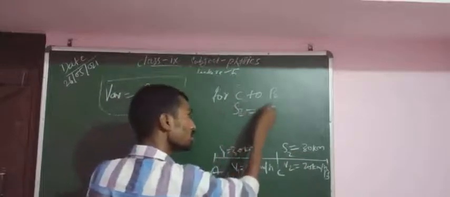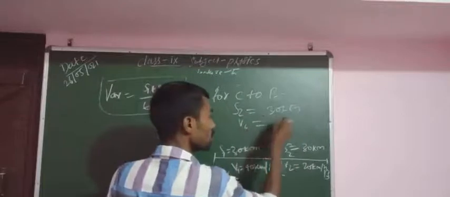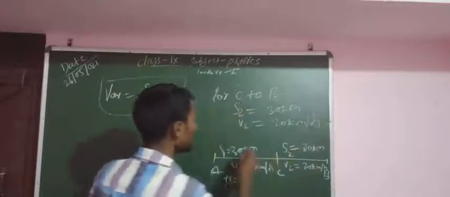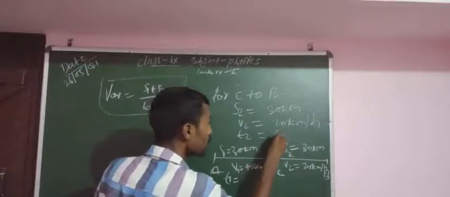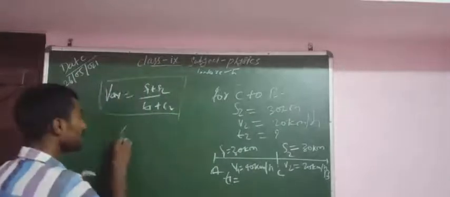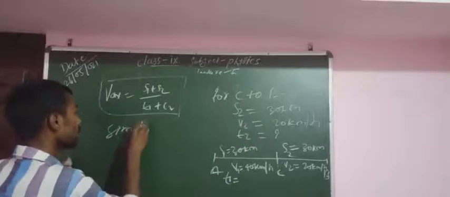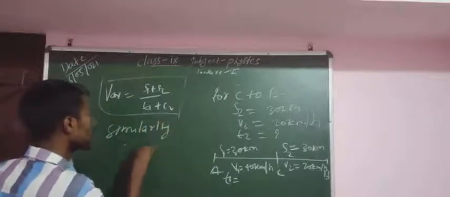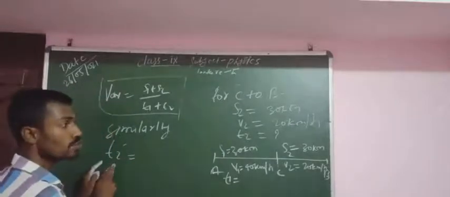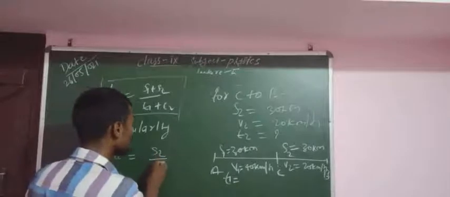So s2 equals 30 kilometer, the same, and v2 equals 20 kilometer per hour, and t2 I don't have. Similarly, t2 equals distance by speed, that is s2 by v2.